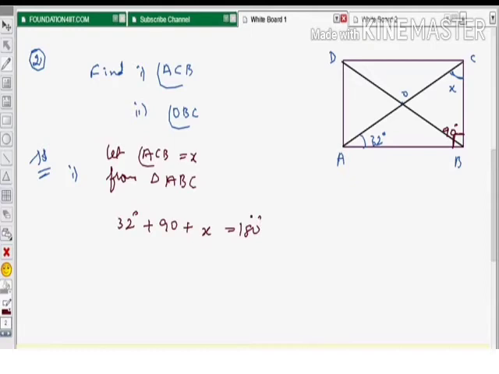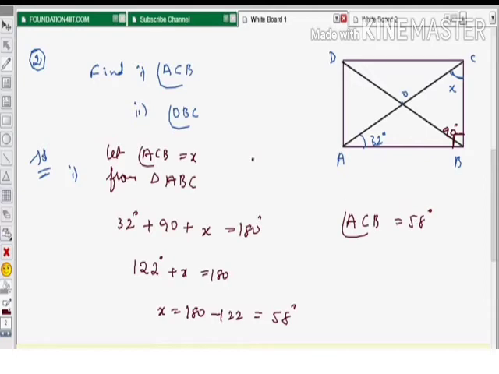The sum of the three angles in a triangle is 180 degrees. Then you can find the X value easily. 32 plus 90 is 122, plus X is equal to 180. Then X is equal to 180 minus 122, which is 58 degrees. So X is your angle ACB, that is equal to 58 degrees.